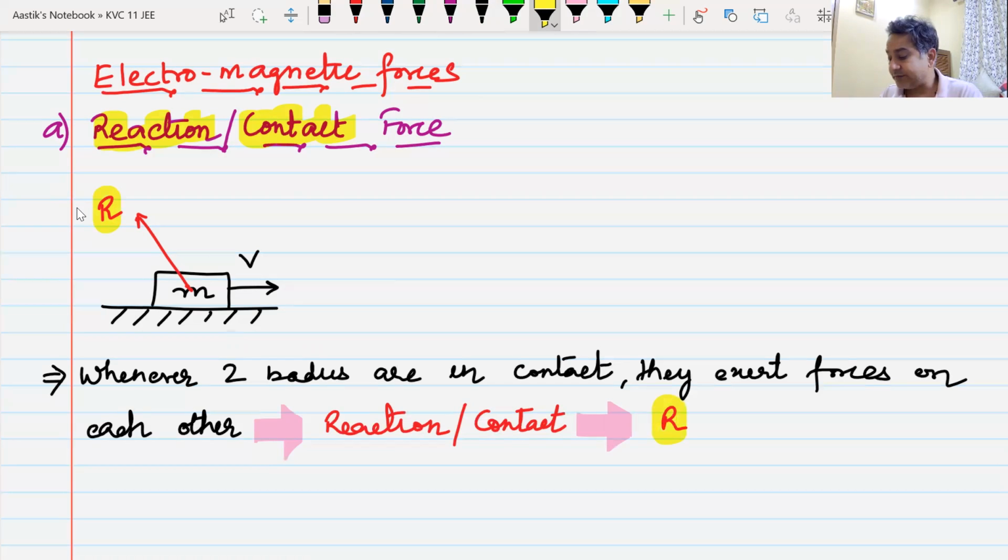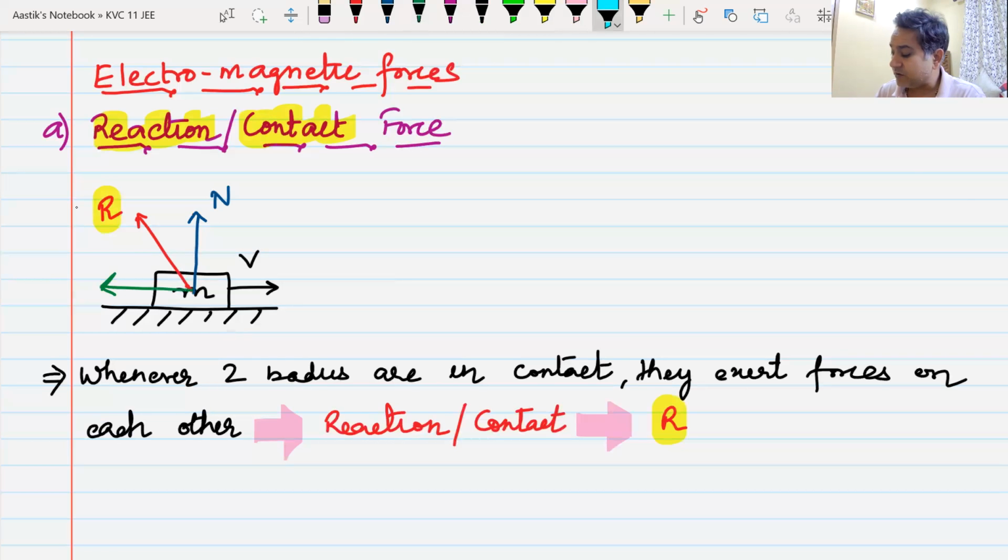Now, since this is a force which can go in any particular direction, we can resolve this force into two components. One of these components is going to be perpendicular to the two bodies, and one of the components is going to be parallel to the two bodies.